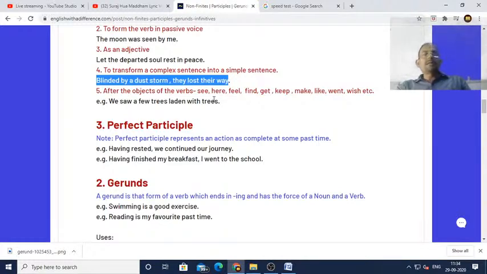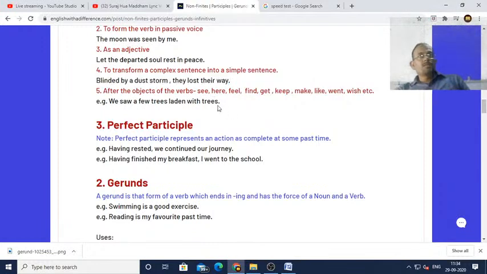The example of a past participle here is blinded.